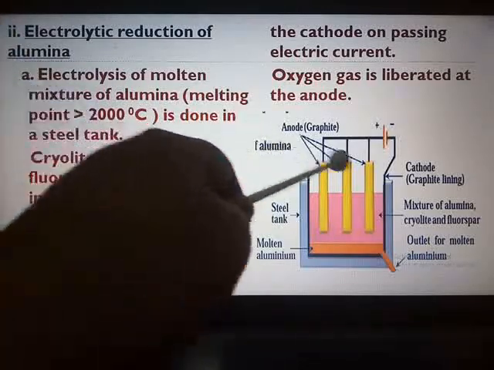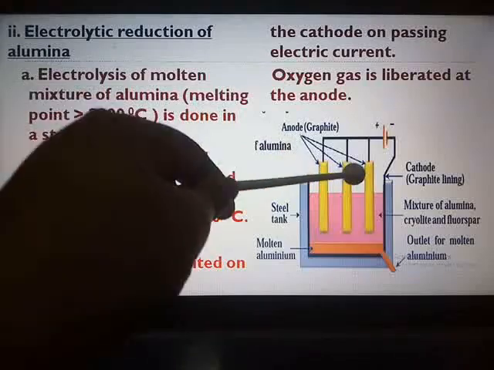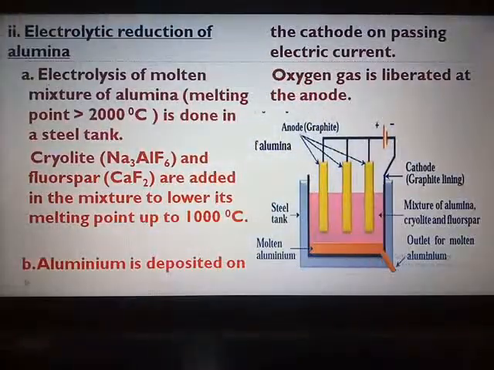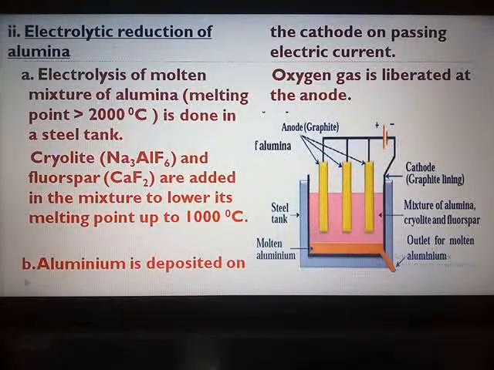You can see here a steel tank. This tank has a graphite lining on the inner side. Inner side of the tank, you can see this graphite lining. This lining does the work, it acts as the cathode. So look at the name, cathode, that is the graphite lining.